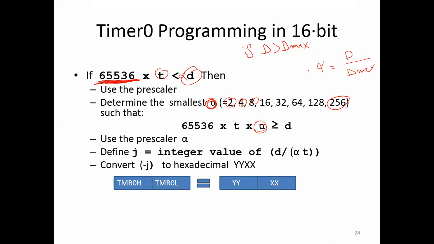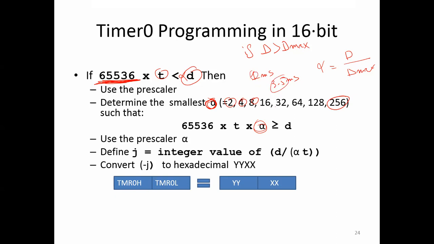If we suppose that our delay max is 1 millisecond, and the delay that we need is 3.5 milliseconds, so what is our alpha here? If you divide 3.5 by 1, alpha should be 3.5.